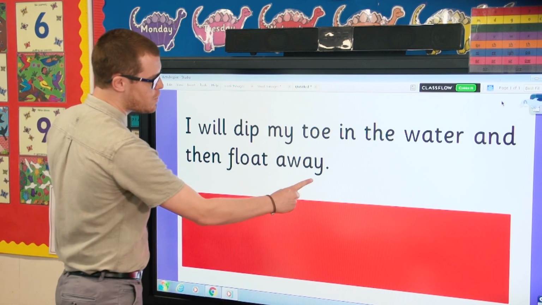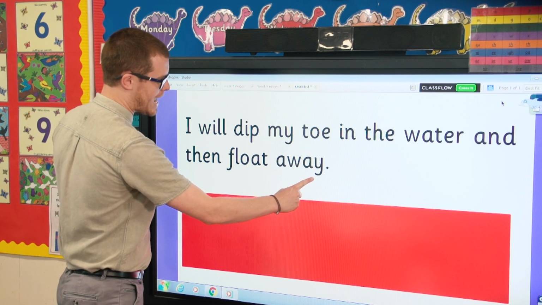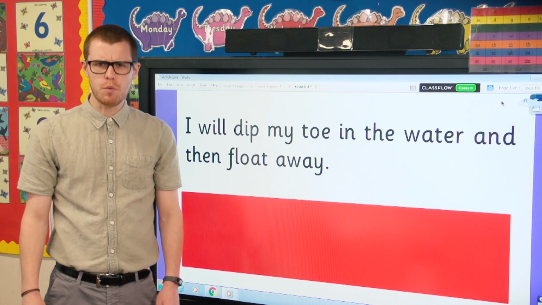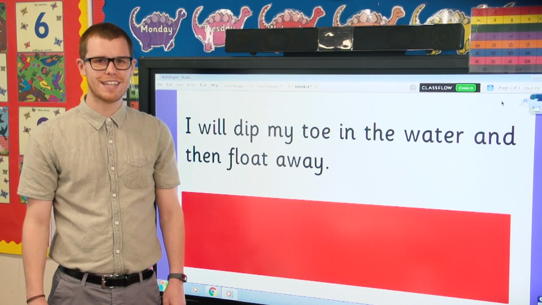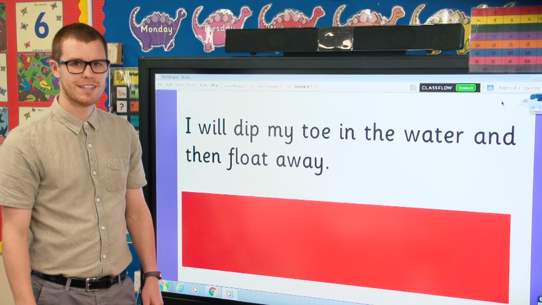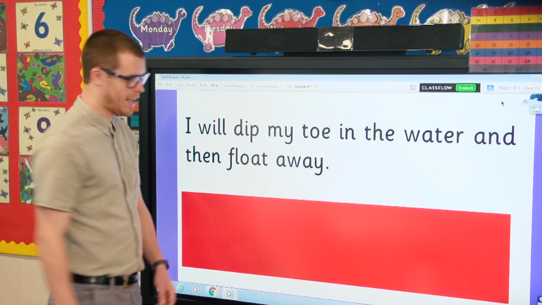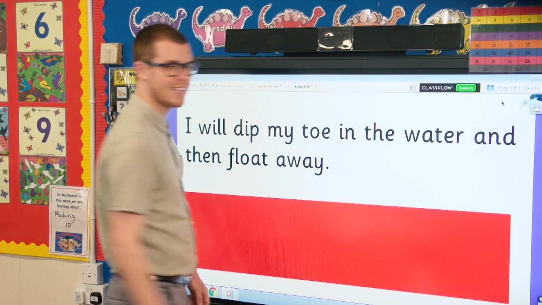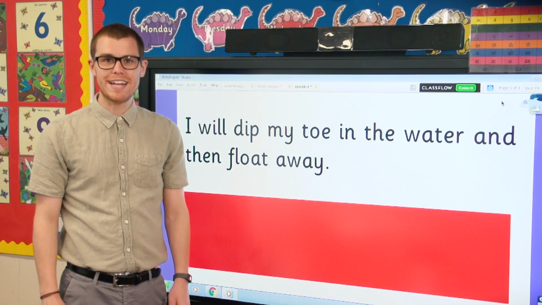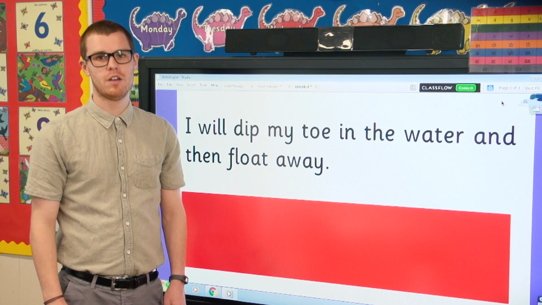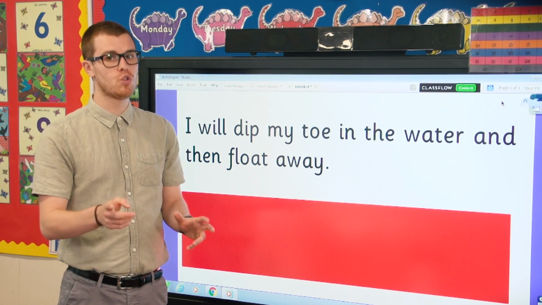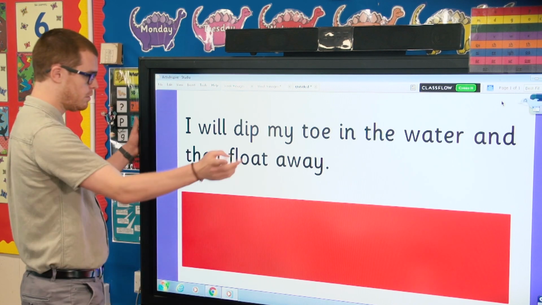That's right. Here is a digraph that makes the sound A. Can you see the tricky word that we read today? That's right. Here is the tricky word we read today. Now I want you to read aloud as I point to the words. Remember, sound out any words that you are not sure of. Here we go.